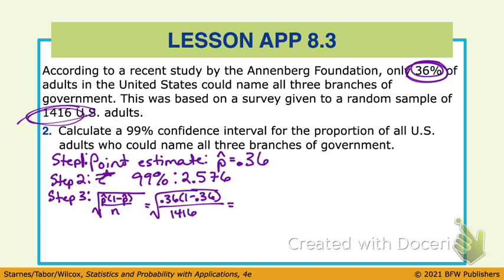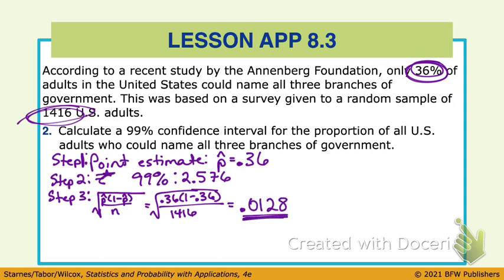Okay, so let's plug that in our calculator. 0.36 times 1 minus 0.36 divided by 1,416 and then the square root of that. And our standard error is 0.0128.